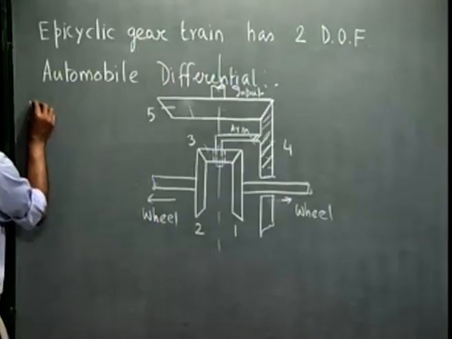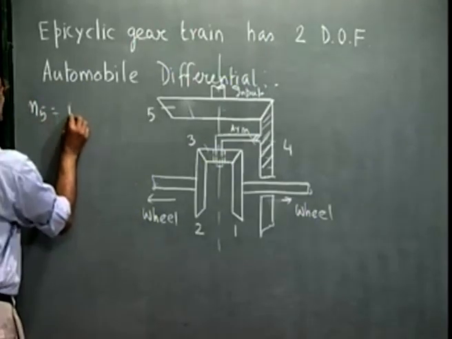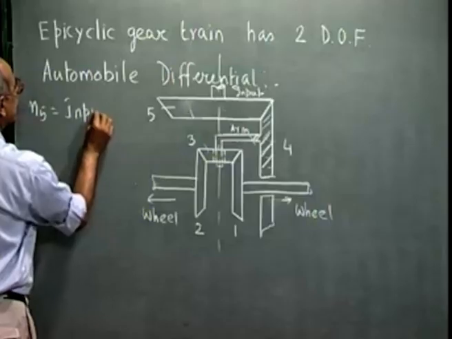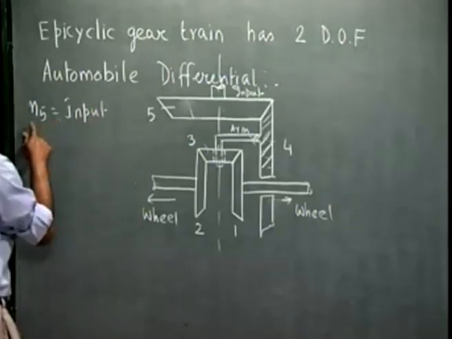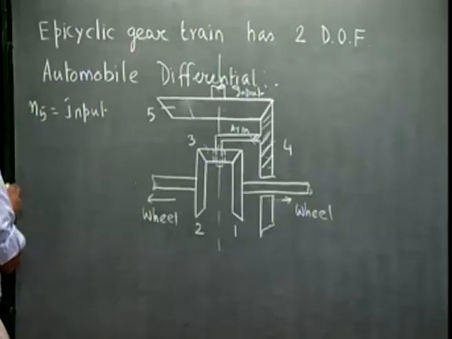So N5 is the input speed. This small n I refer to the RPM, we call it input speed.